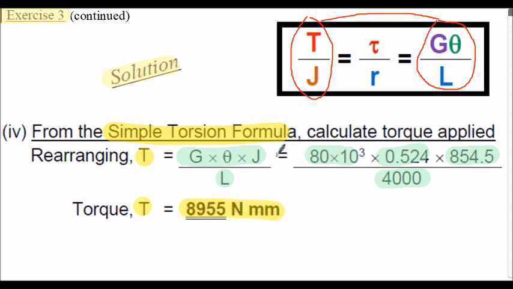Just note, as always, the value of theta used in the simple torsion formula must be in radians. That's 0.524 radians there.